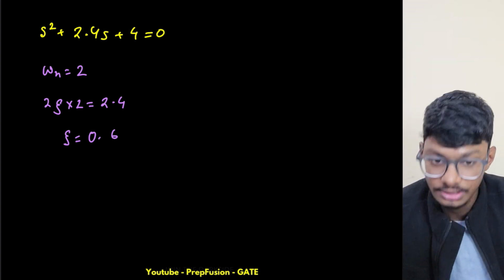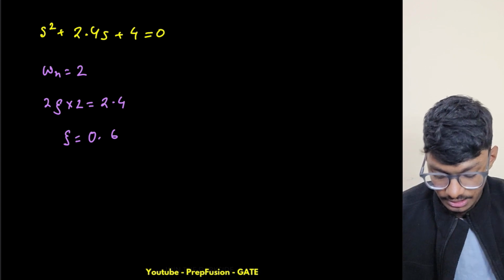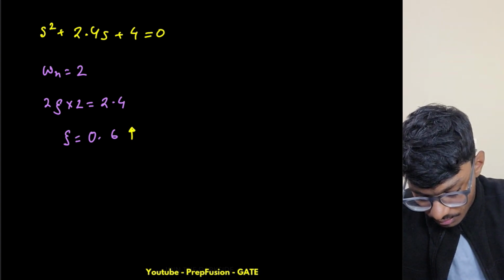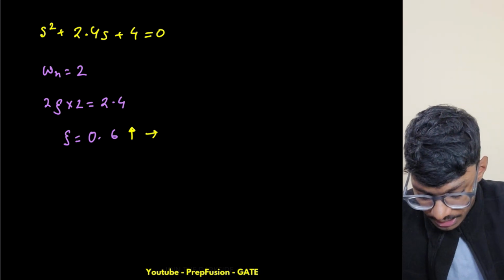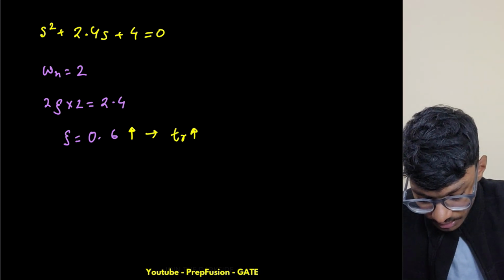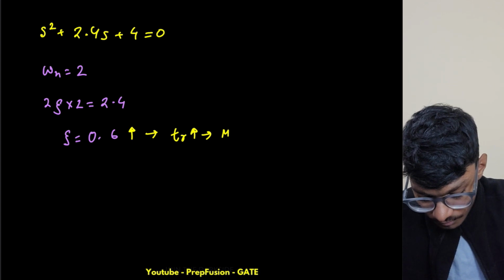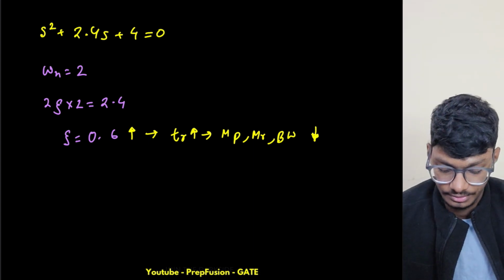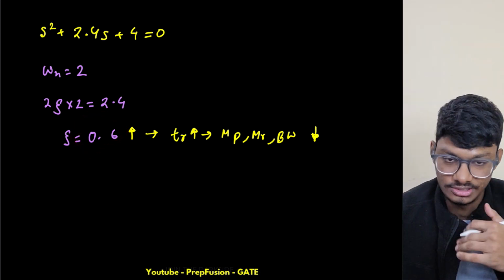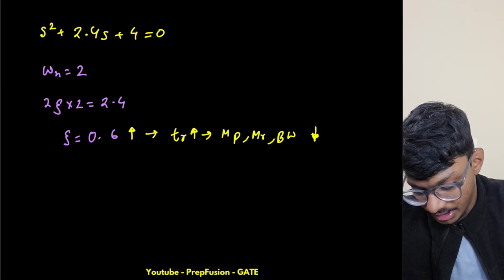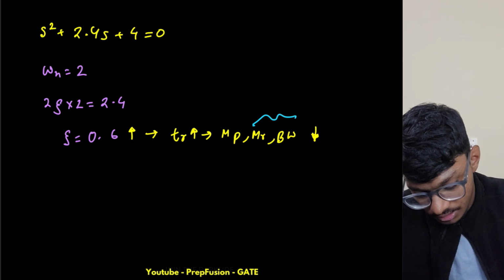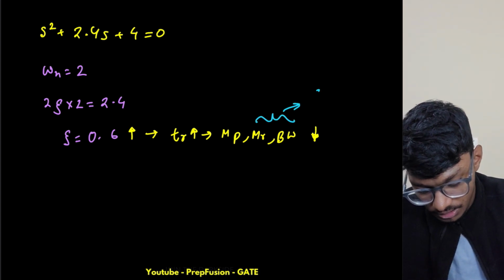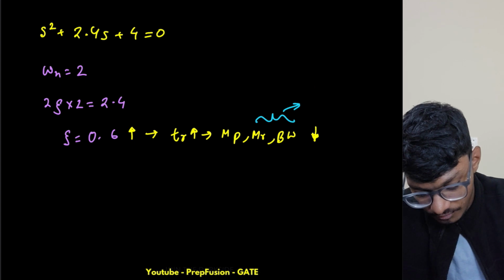I can see that my zeta is increasing here. If my zeta is increasing, that means my rise time will increase, and MP, MR and bandwidth will reduce. But keep in mind, as zeta is less than 0.707, these parameters will come into factor.